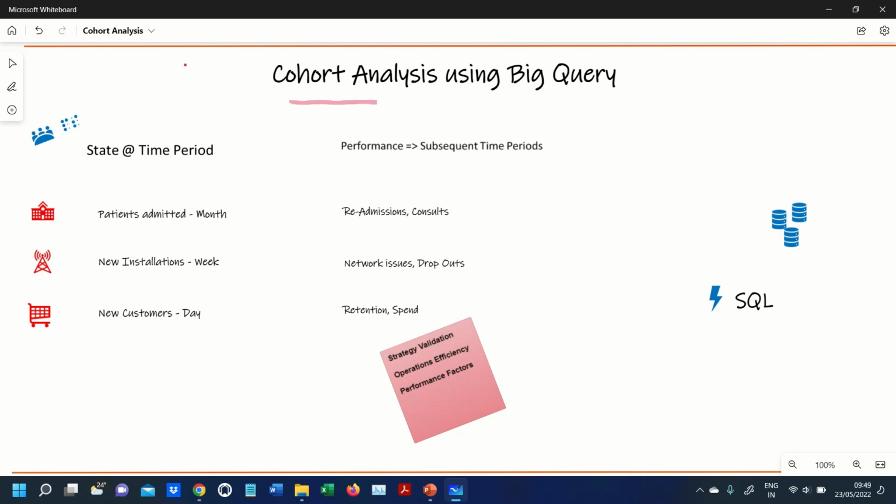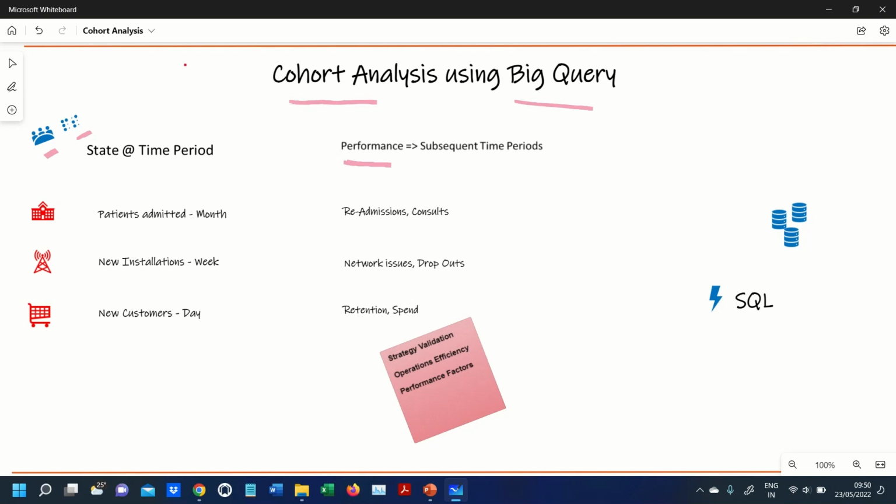Cohort analysis is a behavioral analysis, essential for many business scenarios, where we segment the stakeholders, the business users, the people, or any business entity into groups of certain characteristics over a period of time, like some state they have achieved in a specific period of time, and over a period of time how these groups vary in their performance of a specific value to business, how their value to the business varies in the subsequent periods of time.